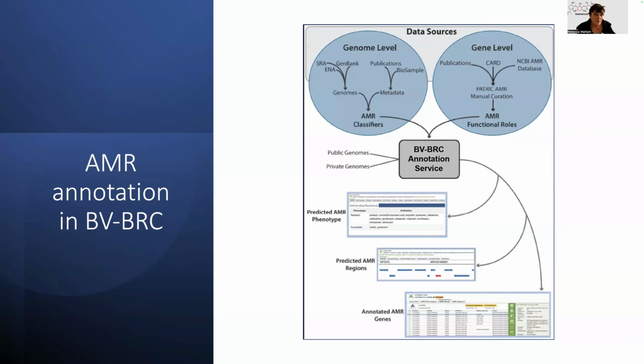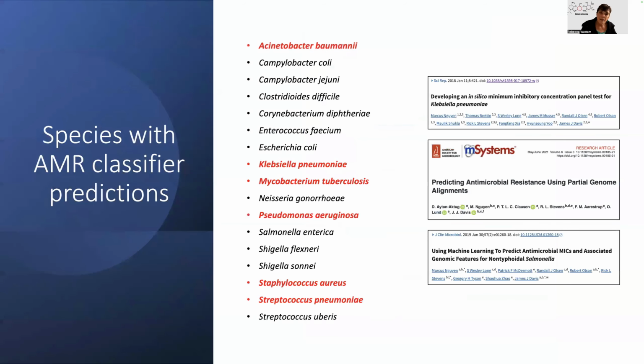Now, at the genome level, we just have a certain number of species that we map classifiers to. But if you get those, you get a predicted antimicrobial resistant phenotype, and you can see predicted regions within the genome that are associated with antimicrobial resistance. Any other bacterial genome gets annotated with antimicrobial resistance genes, which you can see at the bottom of this graph.